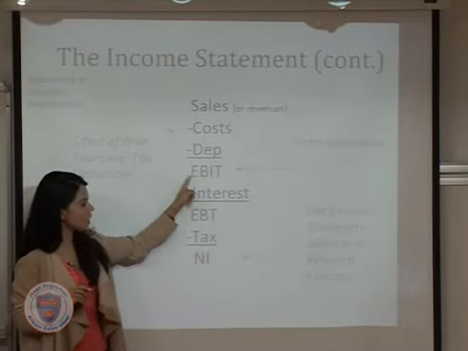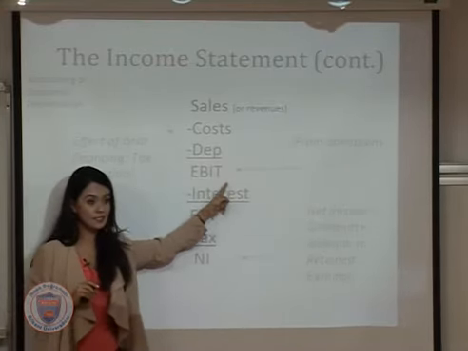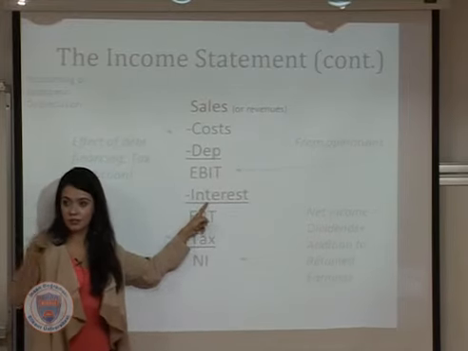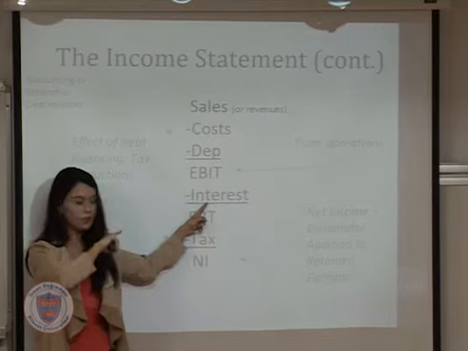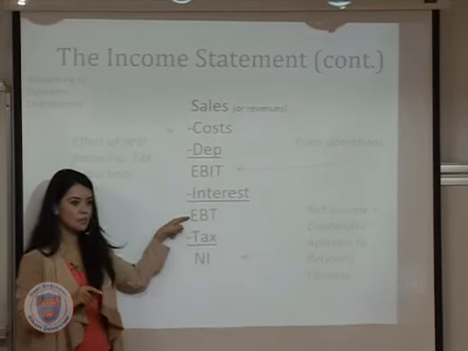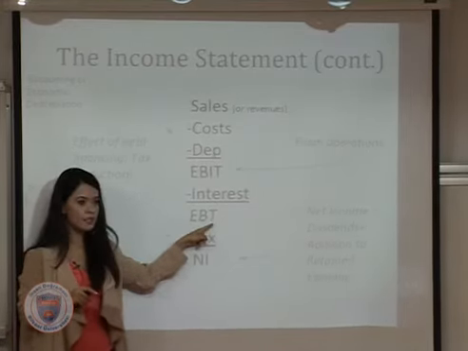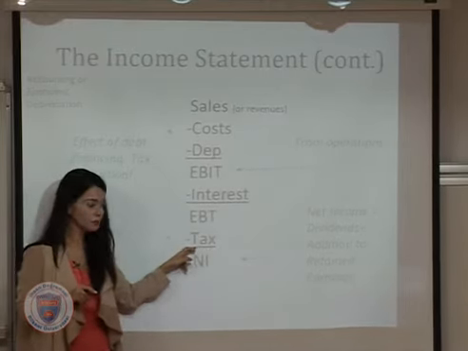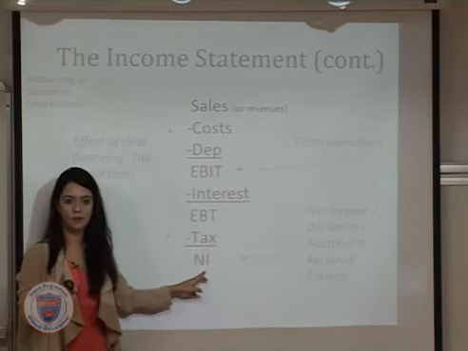So you find EBIT, earnings before interest and taxes. Then you pay interest to your debt holders. Debt holders get money first. Then this is taxable income, earnings before taxes. From that taxable income, you pay tax to the government. Then you end up with net income.